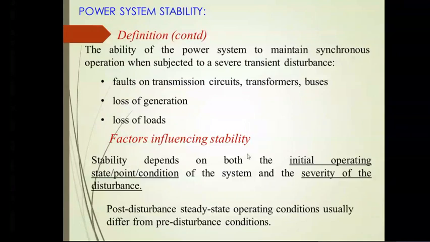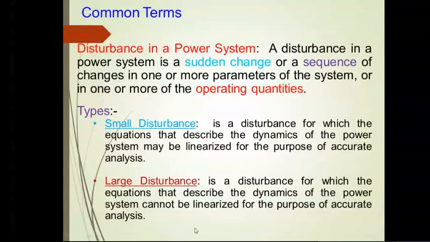Thus, the stability achieved following the disturbance will depend upon what the initial operating point was, and what the magnitude of the disturbance is. That is important. And one should understand that the operating condition that remains after the disturbance is very much different from the condition before the disturbance.